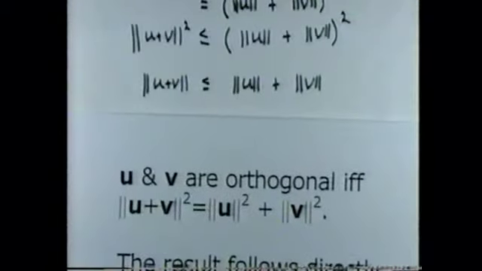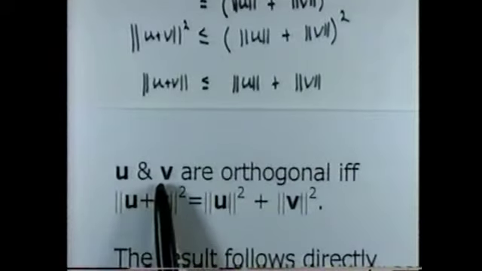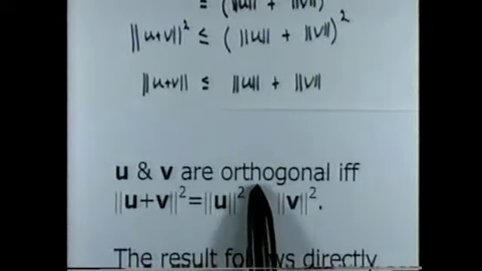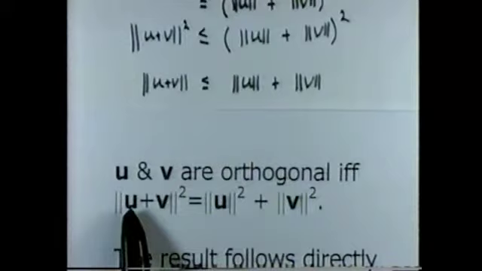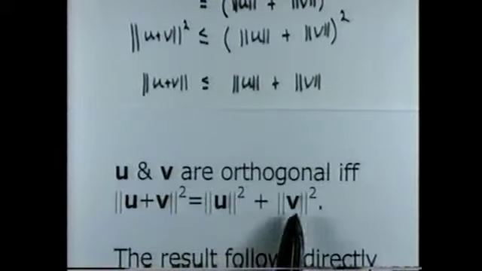We have another theorem that's free now. u and v are orthogonal if and only if the magnitude of u plus v quantity squared is equal to the magnitude of u squared plus the magnitude of v squared.